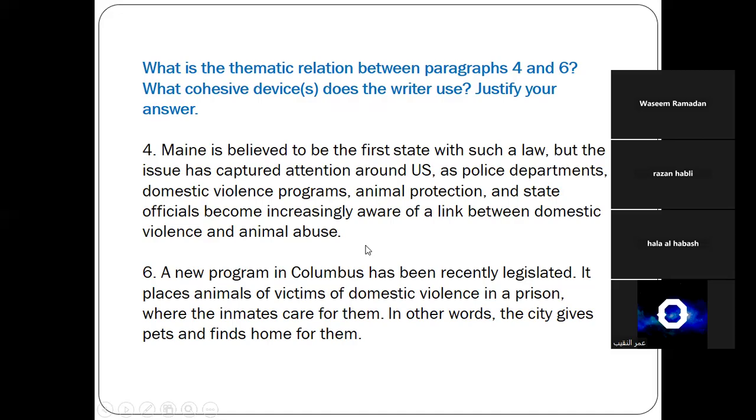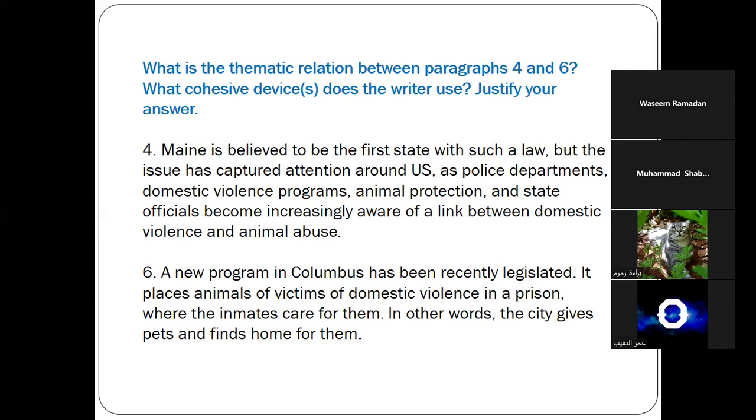So what is the thematic relation, guys? What do you think the thematic relation is? Idea reinforcement. What else? Maybe question answer. Do you see a question at the end of paragraph 4? There is no question. What else? Addition, reinforcement.